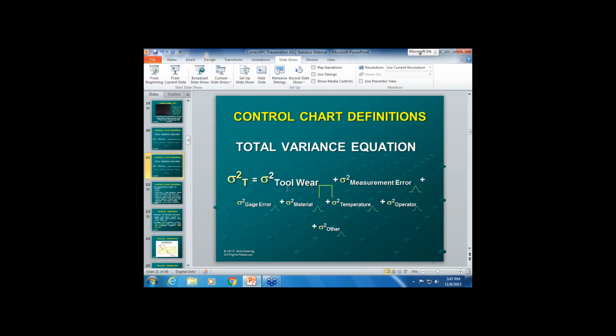You're trying to accommodate all these other variations and make sure that you have room in case they occur, so that when they do occur, you don't suddenly jump out of specification. So that's why you do a guard banding essentially type of a process for developing your tool wear.